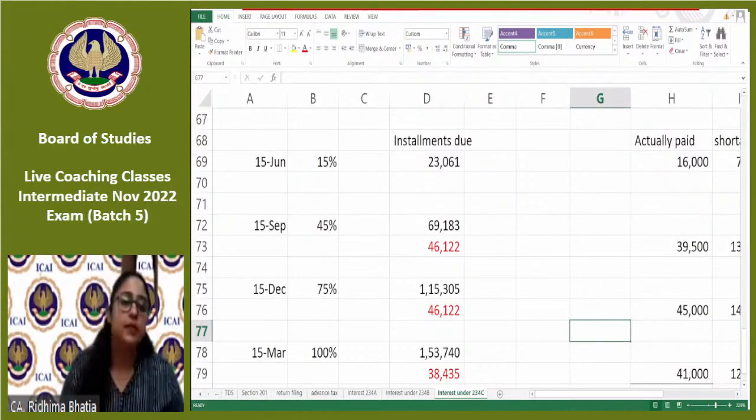Last 30 seconds. Obviously, I'll do. Last 30 seconds. So Ayush, Himanshu, obviously I hope it is clear now.